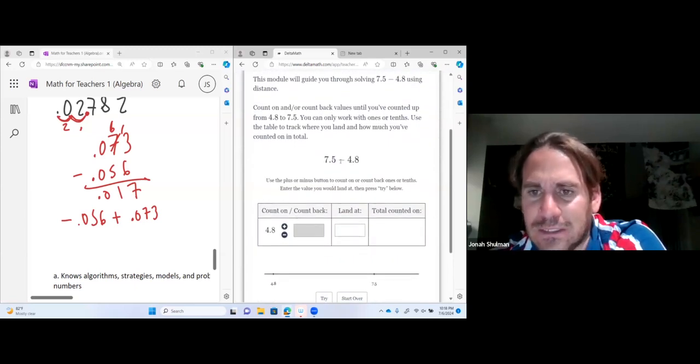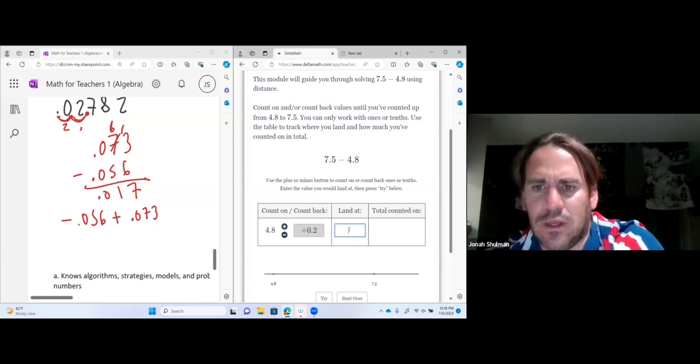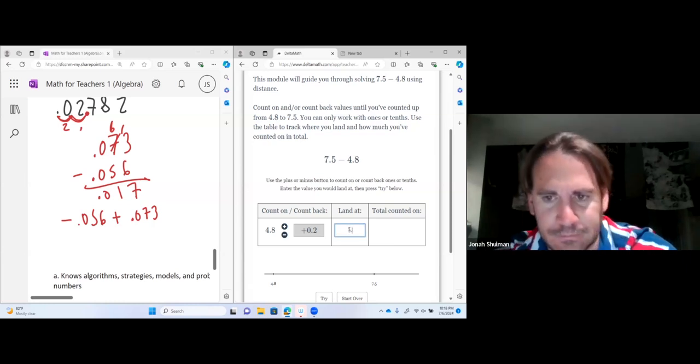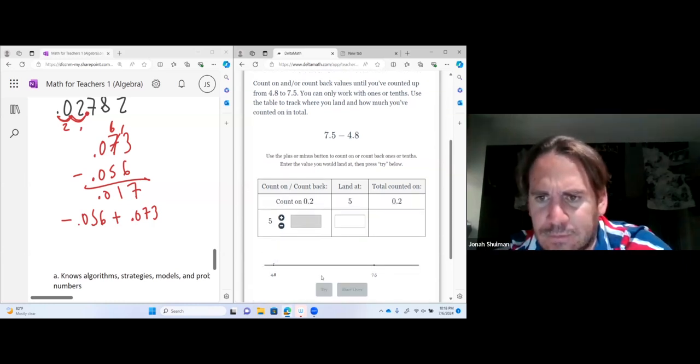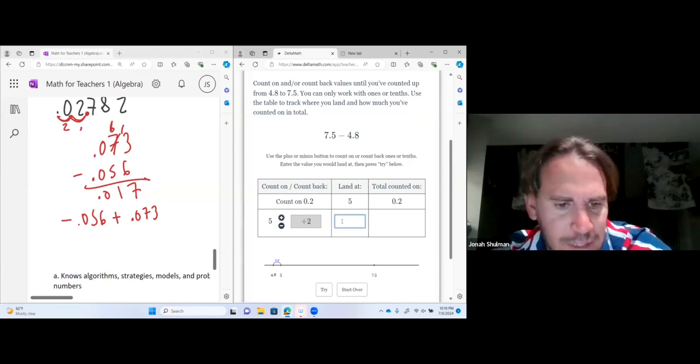All right, so we have to make the 7.5. So the first thing I'm going to do is add 0.2, and that brings me to 5, because we're going opposite. All right, so I landed at 5. So I counted 0.2. So 4.8 brought me to 5. Now I got to get 2 more, so I'm going to add 2, and it's going to bring me to 7.